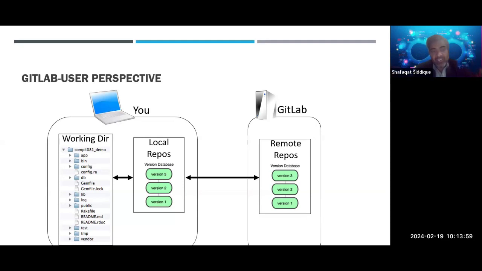The working directory means the software developers develop some software that is placed on the left side, and after that it is sent to the local repository, the local database, and further it is transmitted to the remote database, that is GitLab.